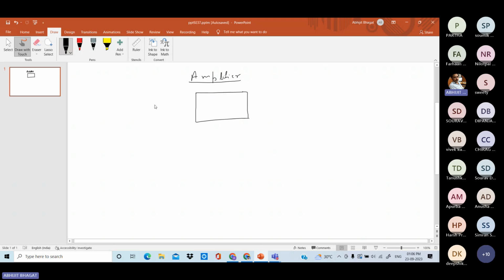What is the use of amplifier? It amplifies the signal. So suppose this is the input signal, and this side is your output signal.